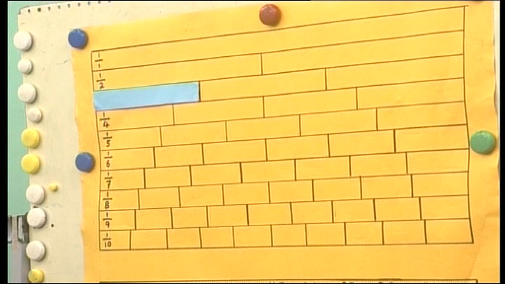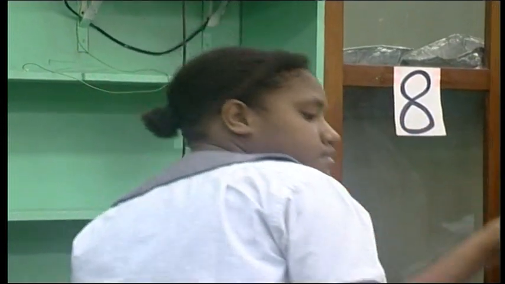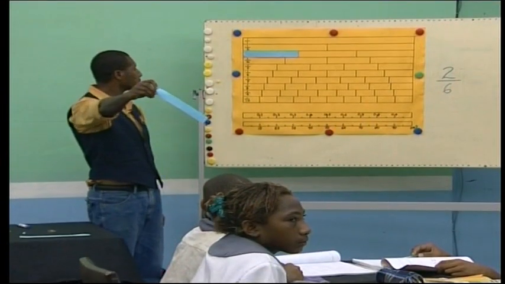Michaeline? Okay, let's have Michaeline. 2/6. Can you come and show where 2/6 is?